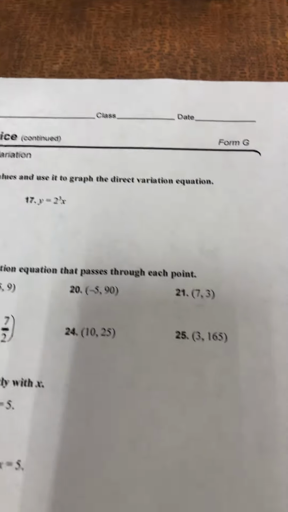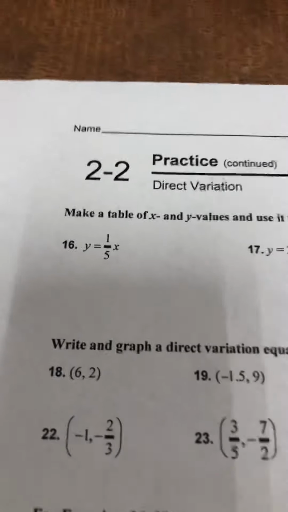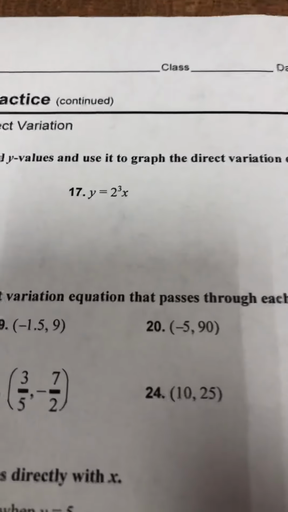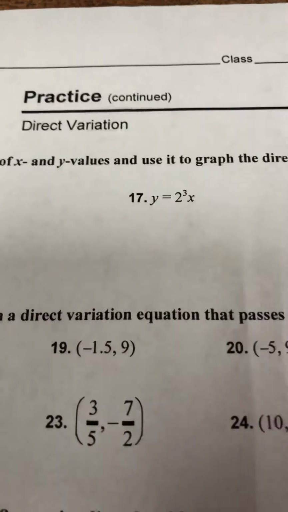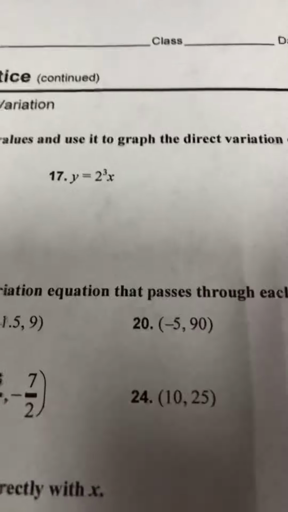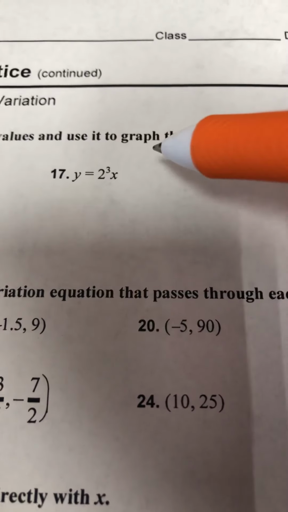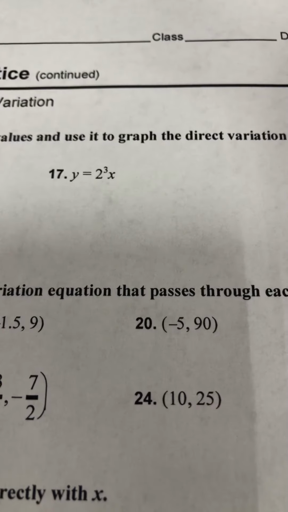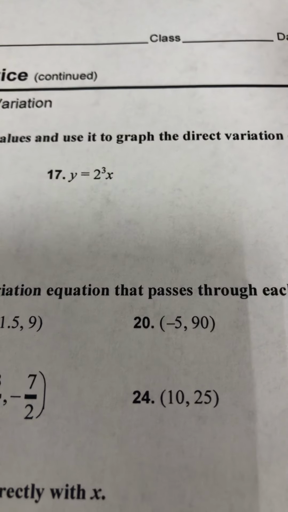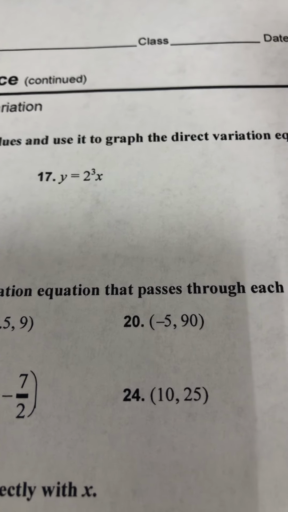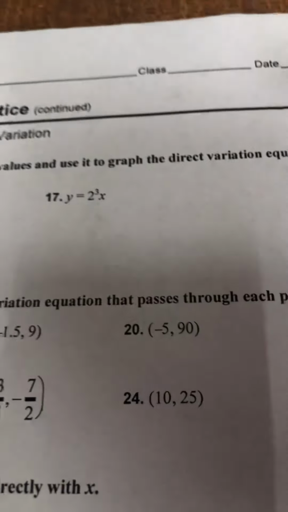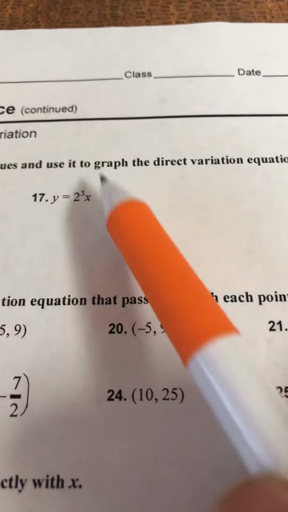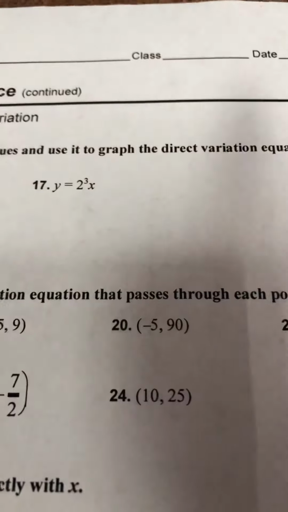For these, I just want to give you some stuff here. For 16, you could watch 17 and then go back and do 16. But all you're doing is you're taking some x values, some y values, and it says to make a table and then to graph it.